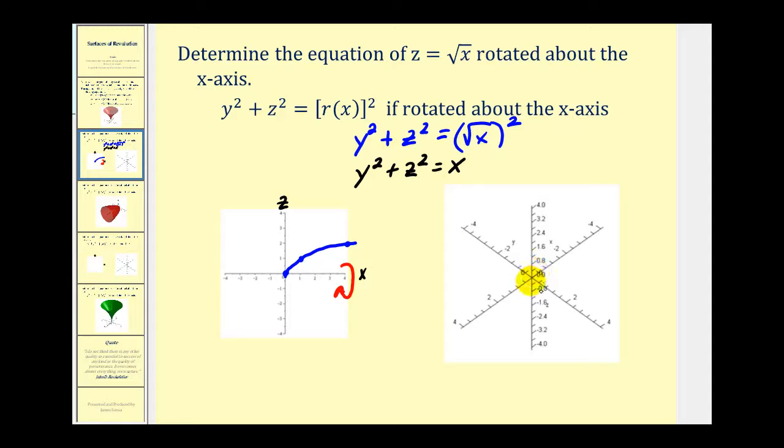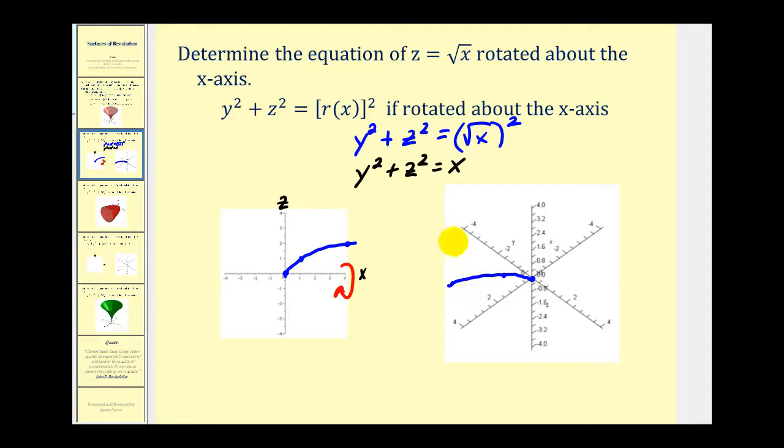Let's see if we can make a sketch of this before we take a look at it using some graphing software. Again, we're going to graph this in the xz plane. So we have a point at the origin, and then we have a point at 1, 1 somewhere here, and then we have a point at 4, 2 somewhere in here. So in the xz plane, the graph would look like this.